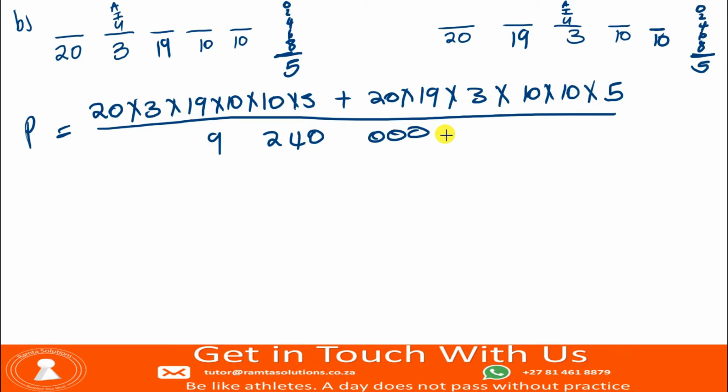Okay, so what do we get? We get 19 over 154. You may be asking yourself, why did I use 2 places?